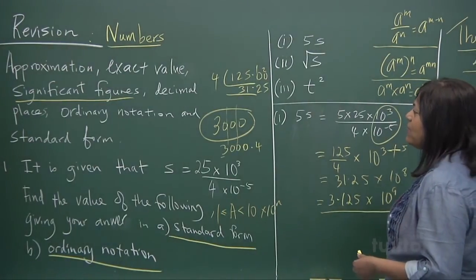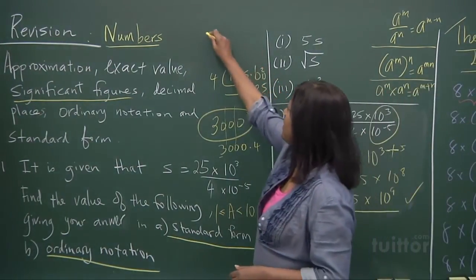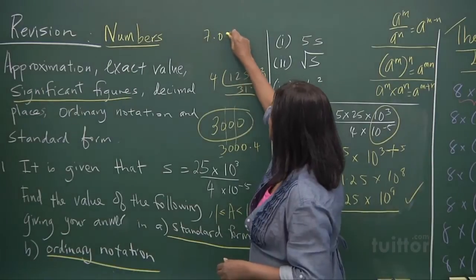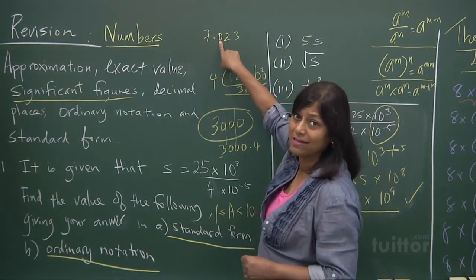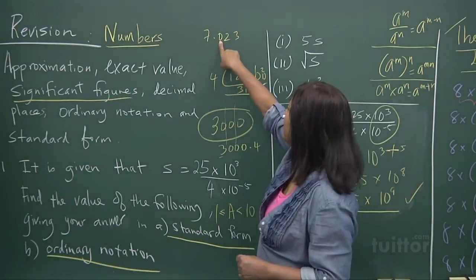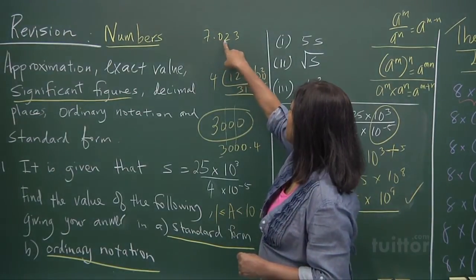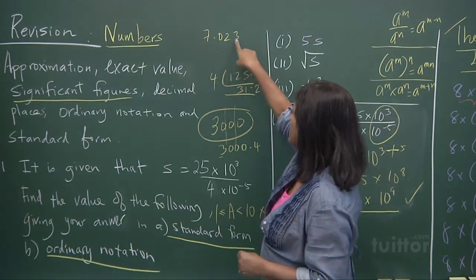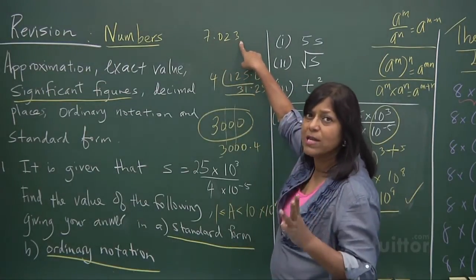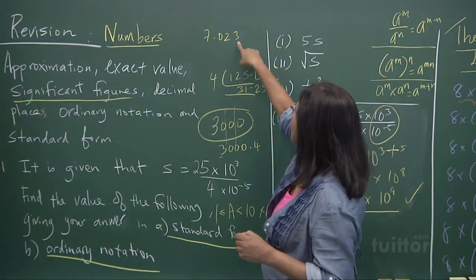But let me tell you, in significant figures, with a number like 7.023, I can tell you that this 0 is significant. So 7.023 has 4 significant figures and 3 decimal places.